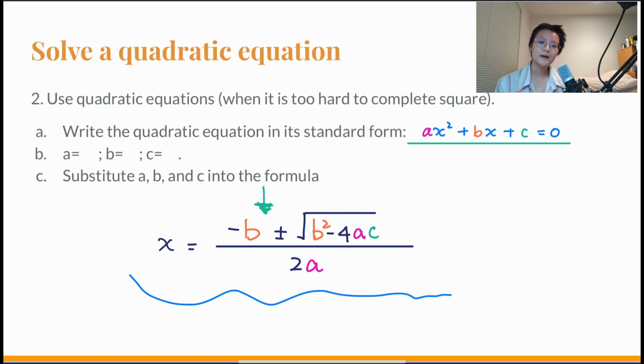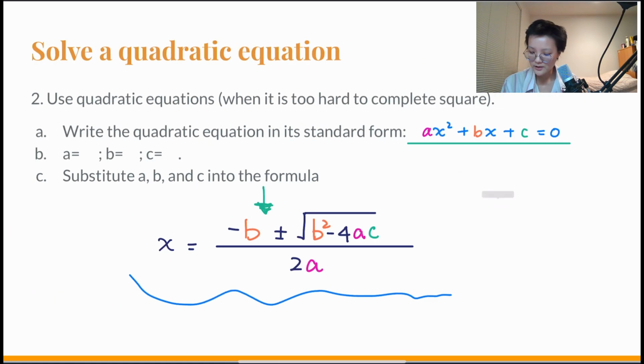Why is this a magic formula? It can solve all the quadratic equations. You may find it complex to use completing the square, or you don't know how to factor it. You can use this quadratic formula to solve it.